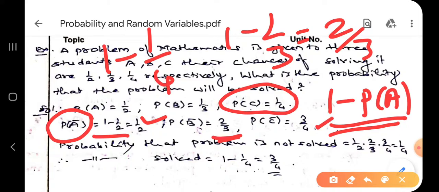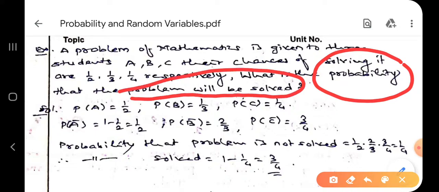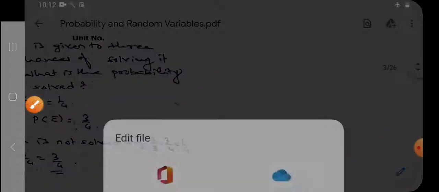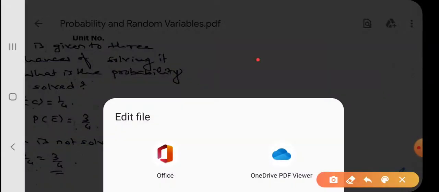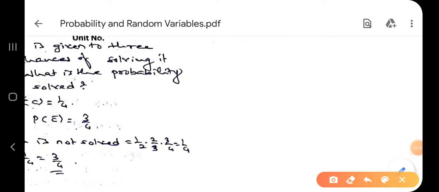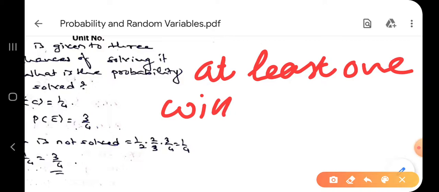Understood? Now what do we have to find? We have to find the probability that the problem will be solved. The problem will be solved means at least one will solve the problem.